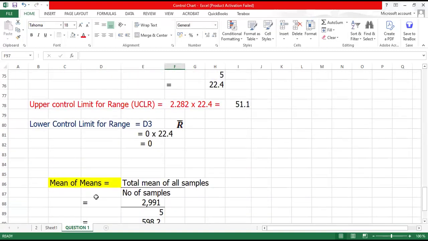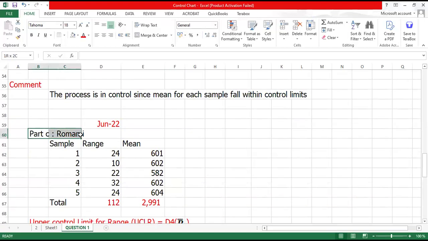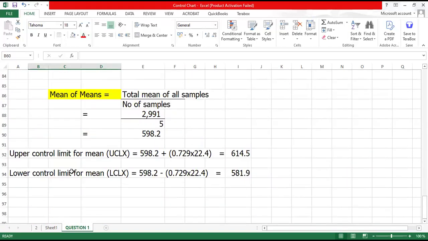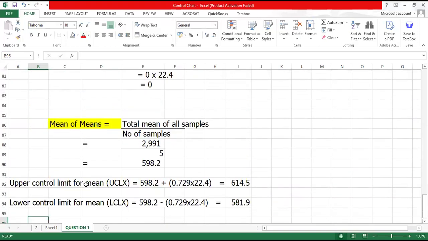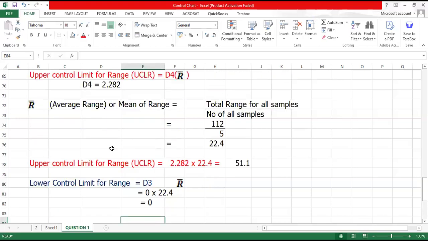Okay, so we have everything, and that's all for part A, Roman 1. From Roman 1, is the process in control or not? Using range, is the process in control or not?